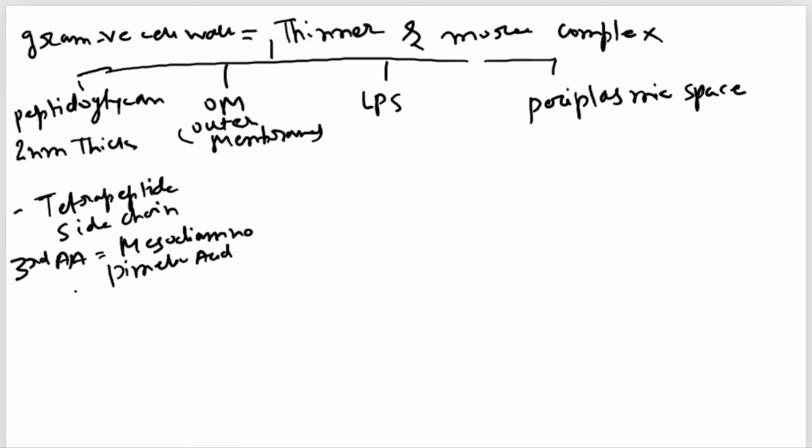It is again not very important from the USMLE point of view, but just remember the basic difference: the tetrapeptide side chain is chemically different in gram positive and gram negative bacteria. And this meso-diaminopimelic acid is attached to the NAM unit. NAM is N-acetyl muramic acid.